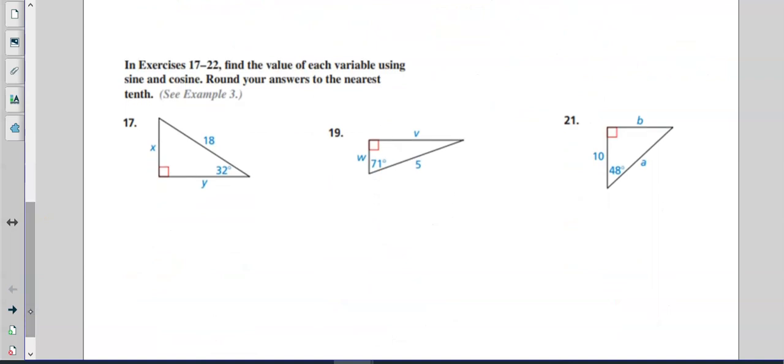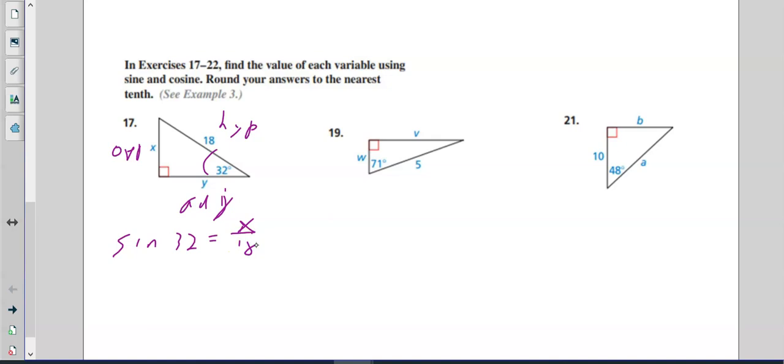All right, number 17. Find the value of each variable using sine and cosine. Round your answers to the nearest tenth. All right, so from here, remember, this is opposite, this is adjacent, and this is hypotenuse. So, sine and cosine. Sine of 32, which is opposite, will be x over 18.